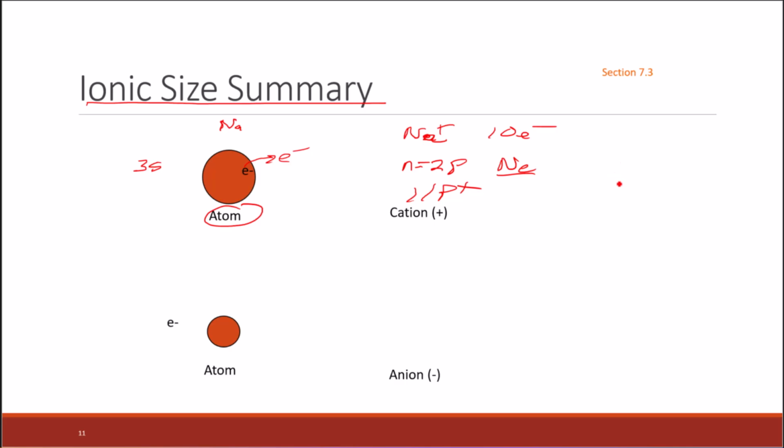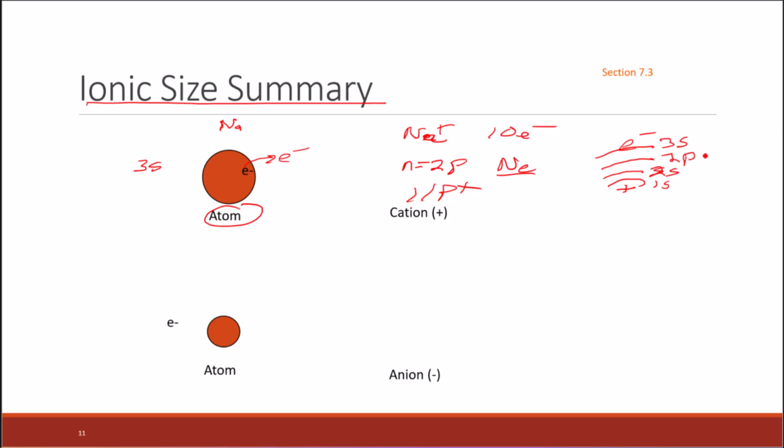So think of it like this. Here is the nucleus, and just pretend that that represents 11 protons in the nucleus. You've got the 1s, you've got the 2s, you've got the 2p, and then you have that 3s valence electron, but it's going to leave.